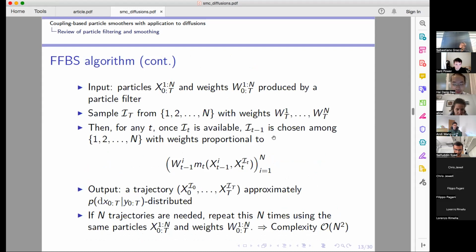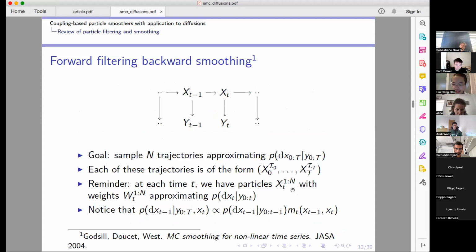I'll go a little bit quickly over this because if you're familiar with particle filters, you know this algorithm. Here's the loop. At time t, you sample I_t, and then you sample backward at every step using these weights, which are nothing other than an empirical approximation of this product.